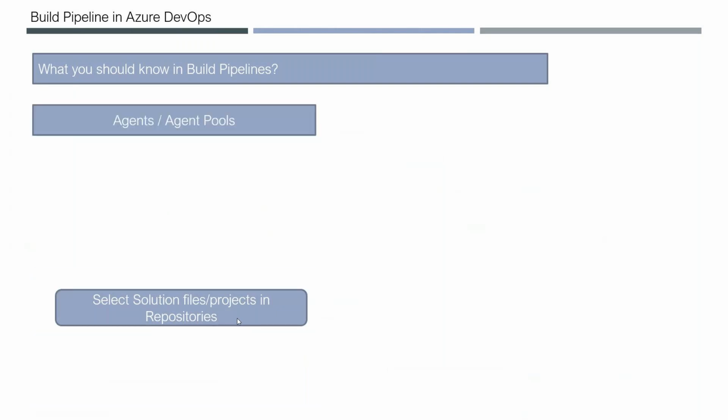And then you need to have some agent or agent pool. So an agent is nothing but a server, or a piece of software in that server, which will build your solution. Let us say I have my laptop, and in my laptop I have Visual Studio software and I am building or compiling the solution.